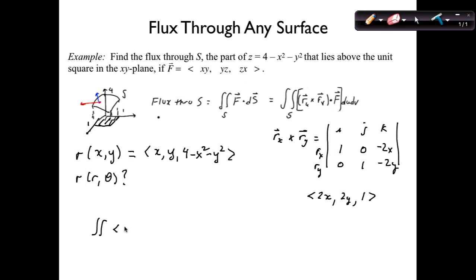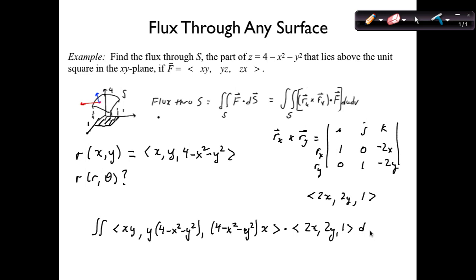The x component is xy, the y component is yz, and then zx, dot our Rx cross Ry. And our u and v are x and y, so dx dy, and x goes from 0 to 1.